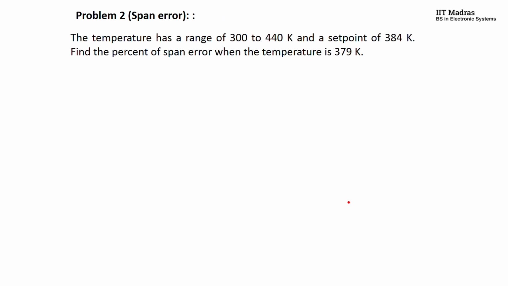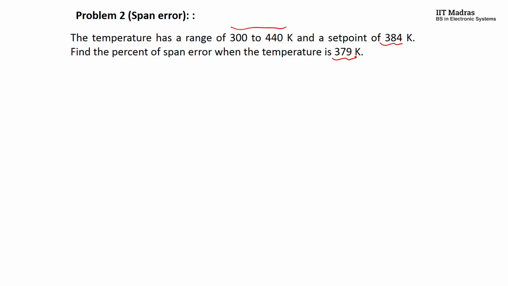Fine, let's go to the next question. What does it say here? You have a temperature of 300 to 440 Kelvin, and a set point of 384. What is the question? Find the percentage of span error when the temperature is 379.